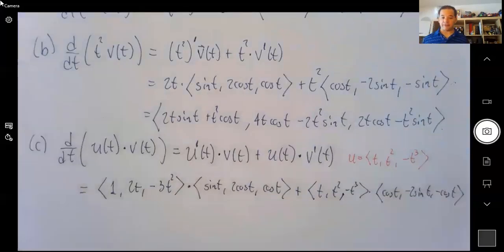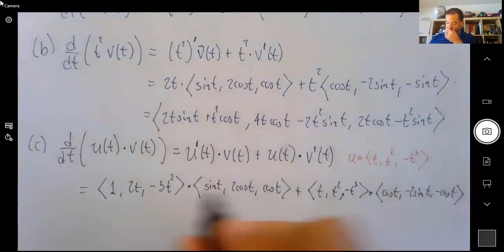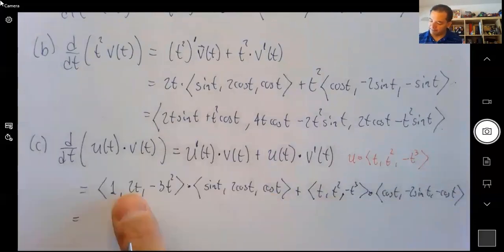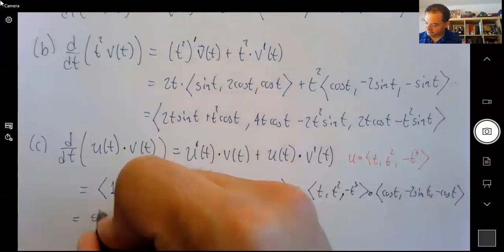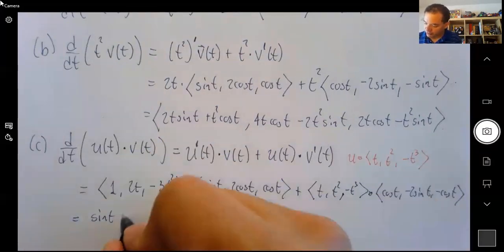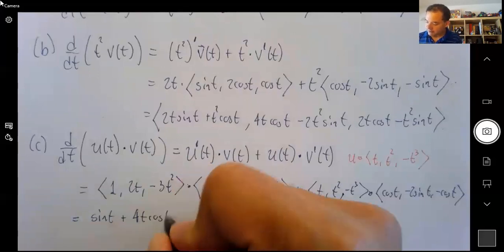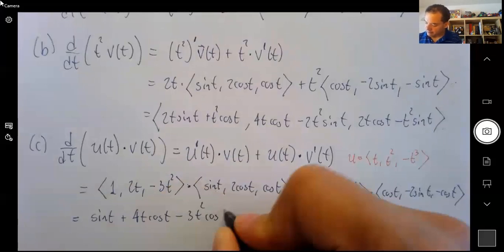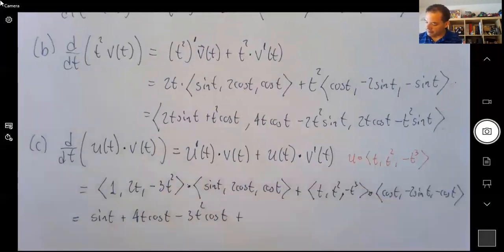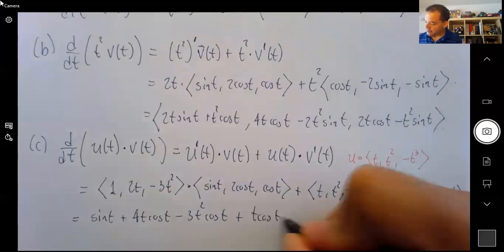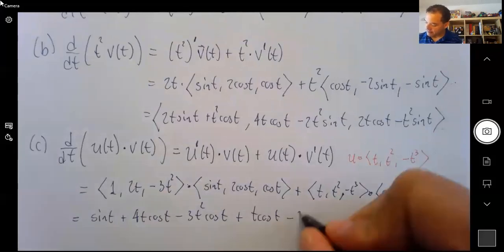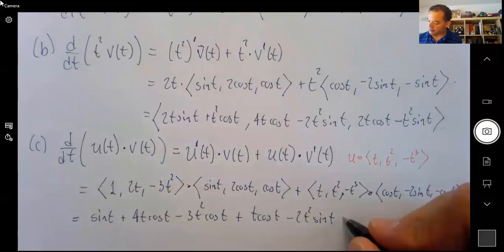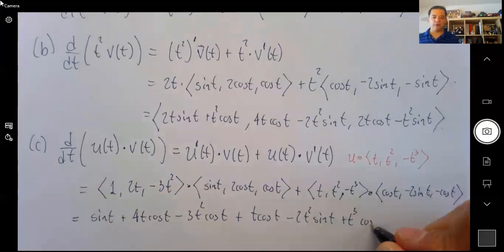And you could leave it like that, right? Or you could do the dot product. If you do the dot product, that one is sine t plus 4t cosine t minus 3t squared cosine t plus, and then t times cosine t, t squared with negative 2 sine t, and negative t cubed with negative cosine t becomes positive t cubed cosine t.